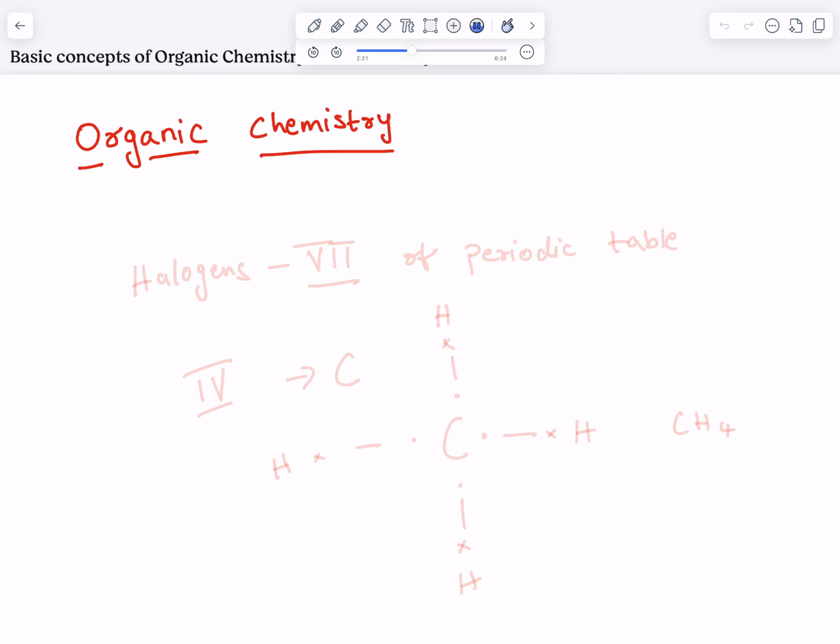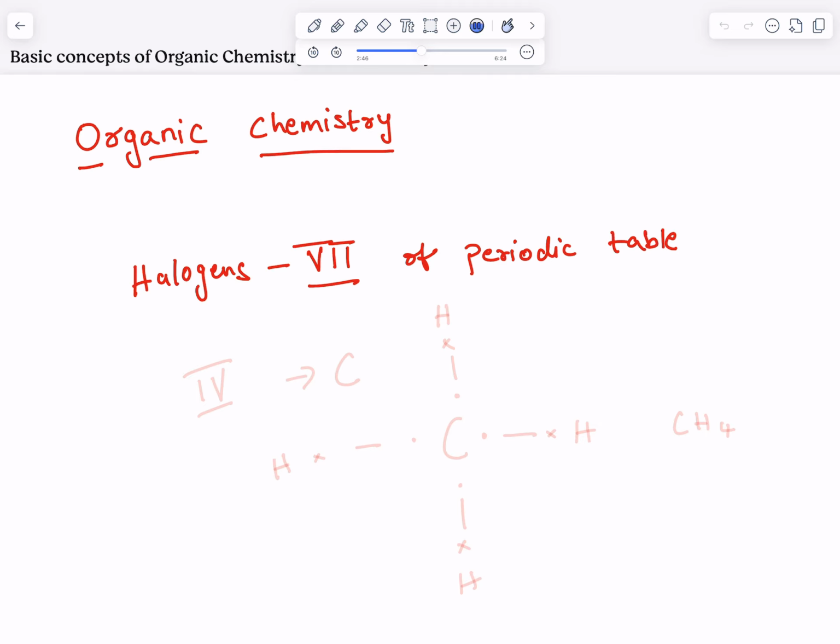Now, quick question for you guys to answer at this point. What are halogens? Halogens are all of the elements in group 7 of the periodic table, and those include chlorine, fluorine, bromine, iodine. All of these are halogens.